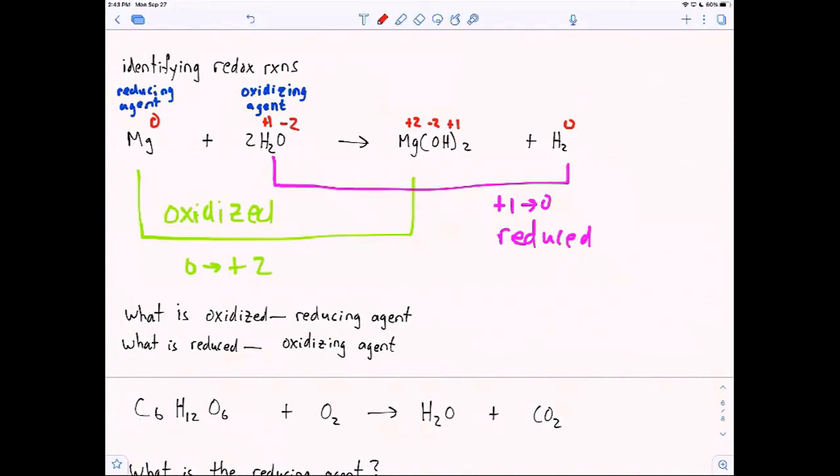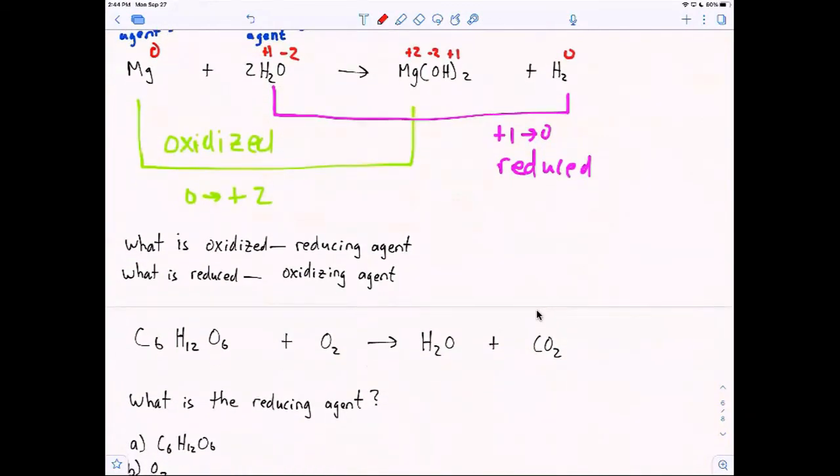So by being oxidized, I am the reducing agent, and the oxidizing agent, by being reduced, is delivering the oxidation. Just like James Bond, right? James Bond is the agent of death. He delivers death. He never dies himself. I've never seen a James Bond where James Bond has died, right? He's only delivering death. Just like the reducing agent is delivering reduction, and the oxidizing agent is delivering oxygen or oxidation.